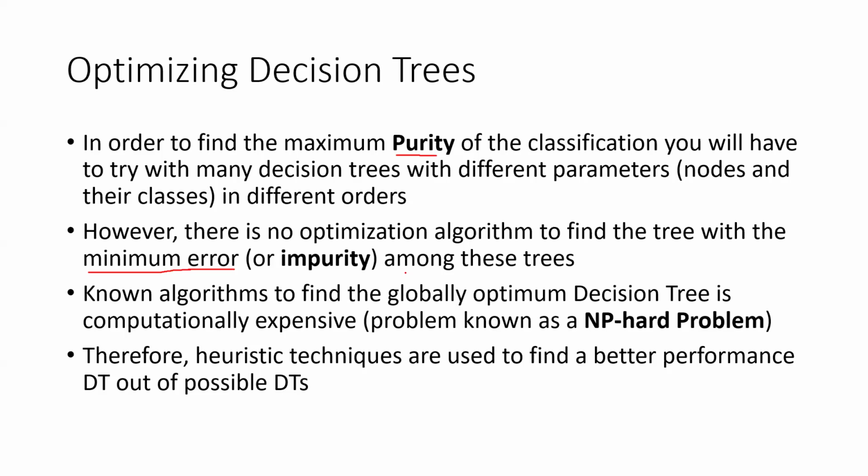However, when you are trying to create the optimum decision tree with the given set of variables to reduce the impurity, this becomes a very difficult, computationally highly expensive problem, which is known as an NP-hard problem, right?